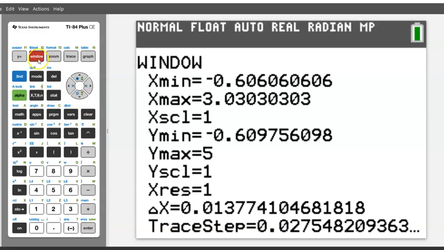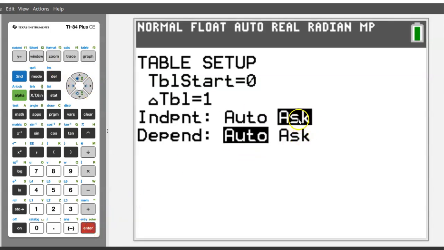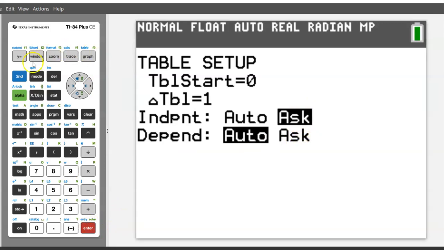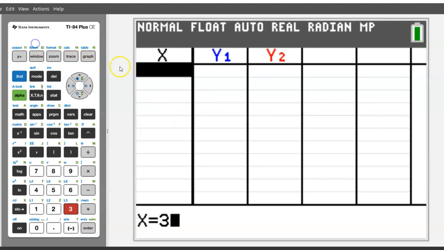Hit the window button, well, actually second window, and make sure that you switch from auto to ask on this setting right here. Once that is done, you can hit second graph to access the table menu. If I put a value right here for x, the calculator will evaluate any functions that we have in y1 or y2.